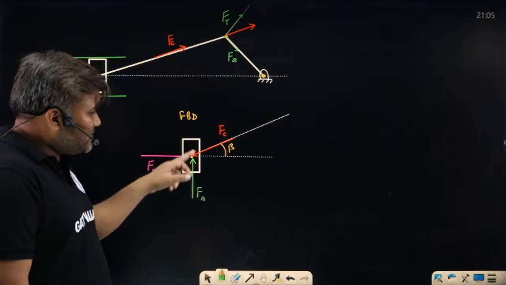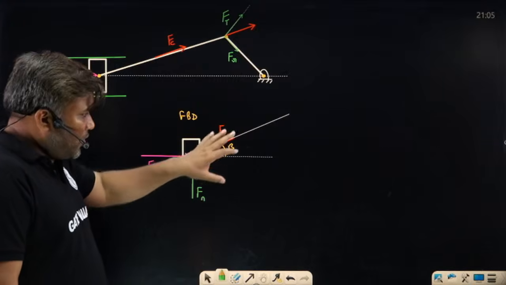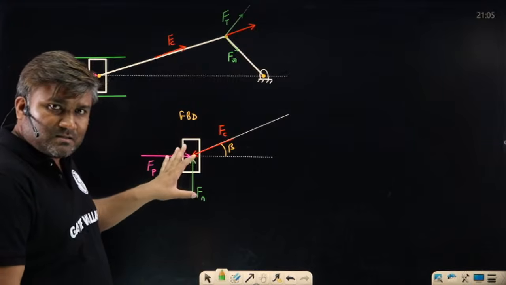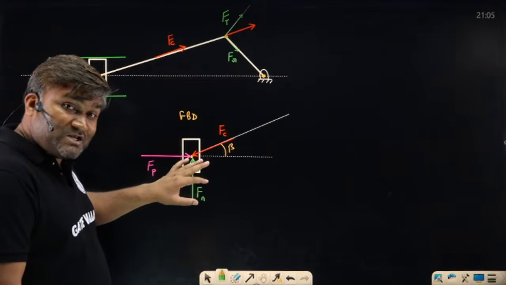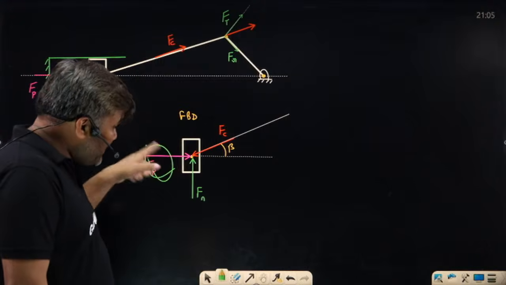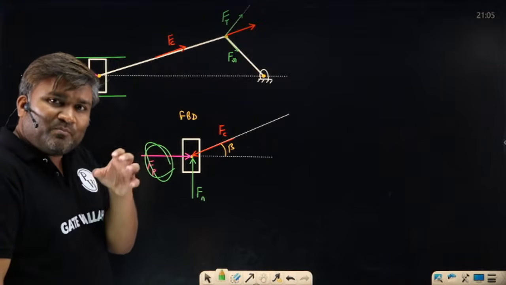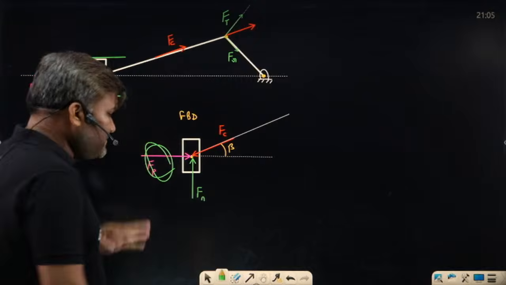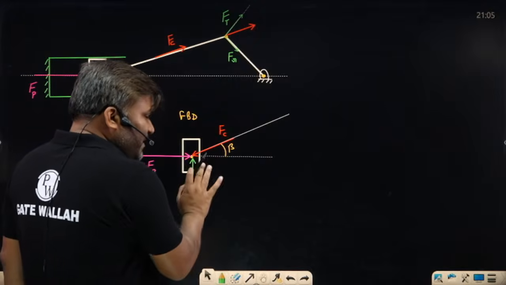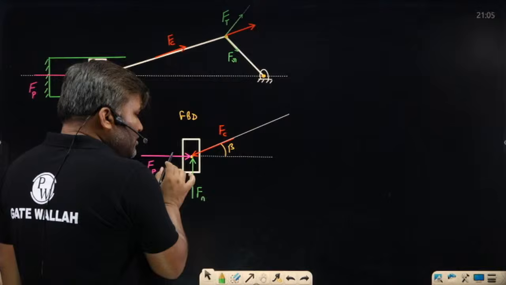On this piston, all the forces which are acting here, and inertia force I have already included here. So all external forces including inertia force make a summation of 0, D'Alembert principle. That means the summation of all these vectors is going to be 0. What is the meaning of this?